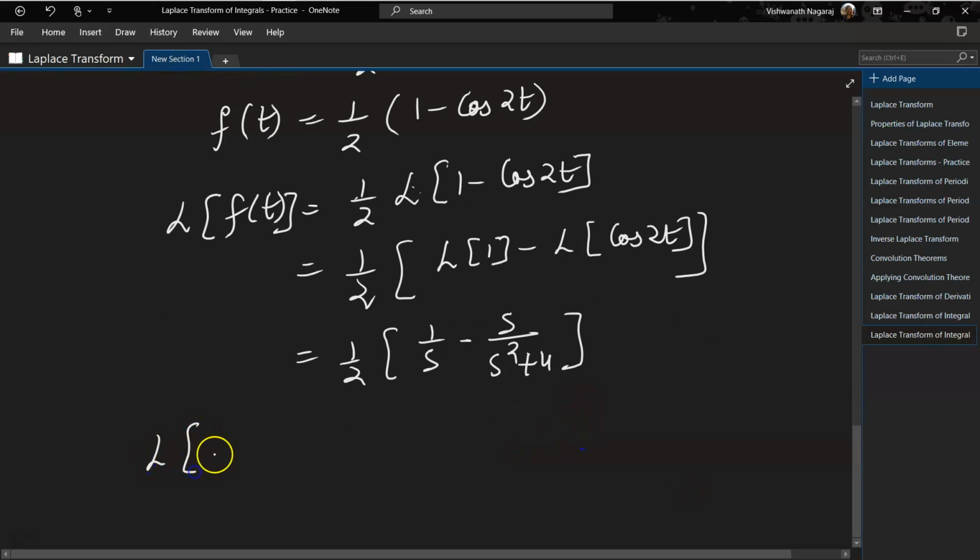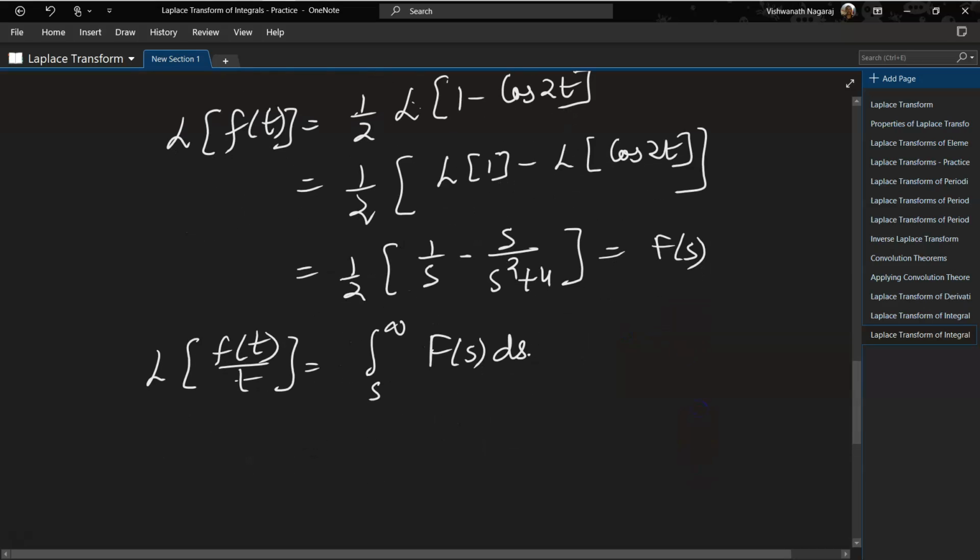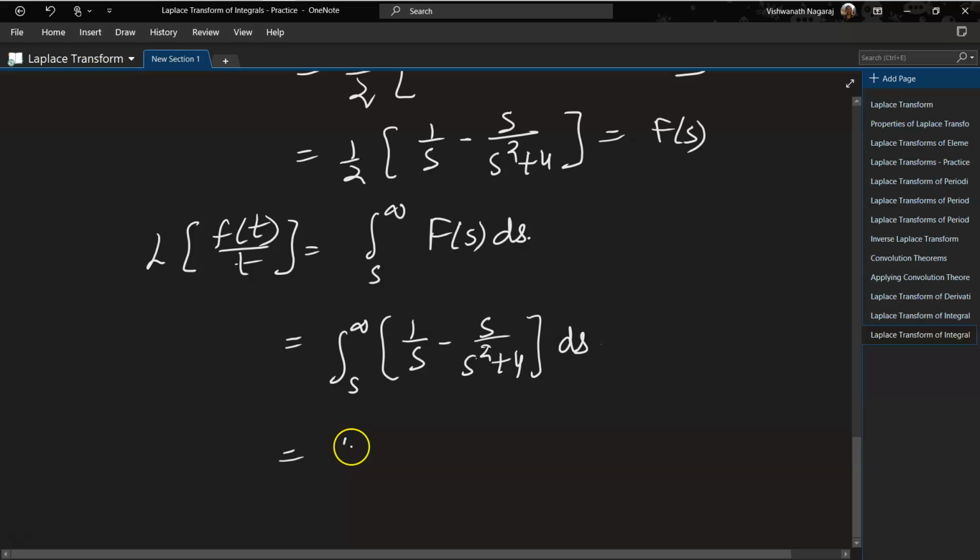So Laplace of f of t by t would be equal to the integral from s to infinity of capital F of s ds. Here this is the integral from s to infinity of 1 by s minus s by s square plus 4 ds, which is equal to 1 by 2.